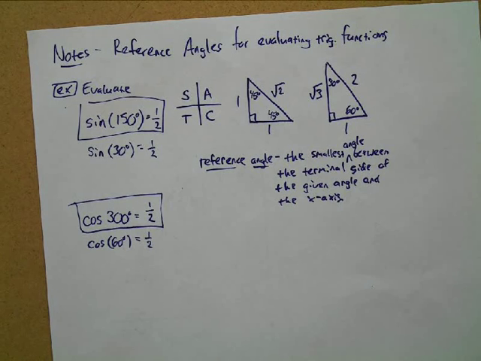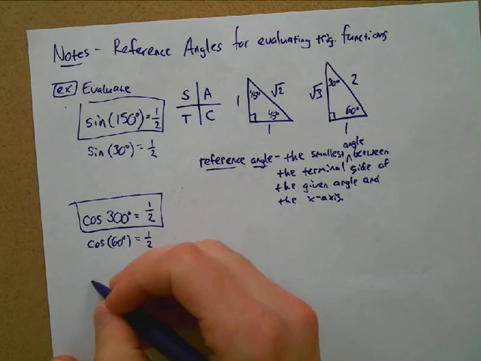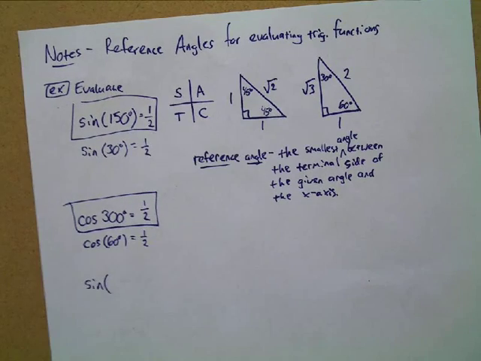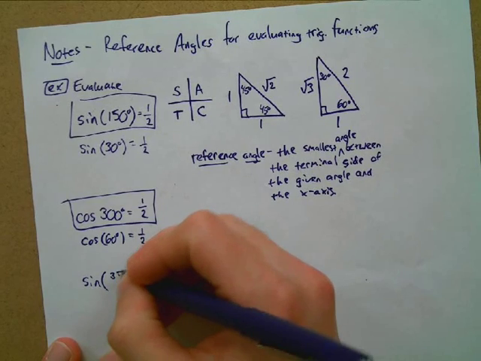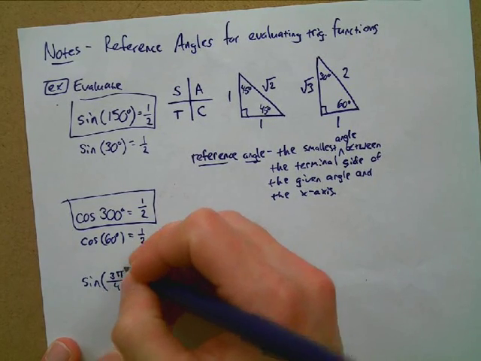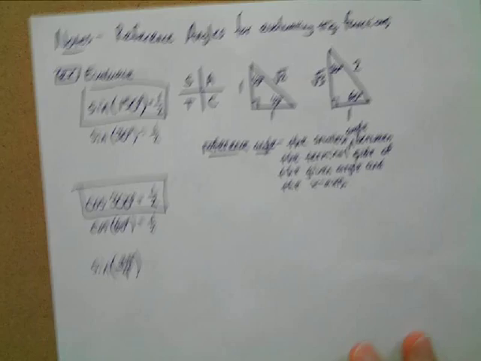All right. Let's try another one here. Let's do sine of 3 pi over 4. When it comes to radians, it's a little bit easier to figure out what the reference angle is going to be.